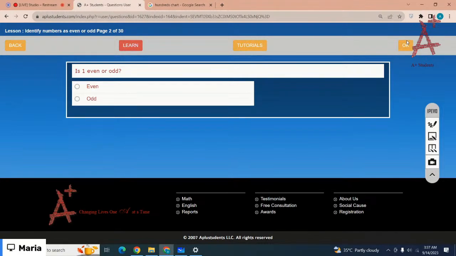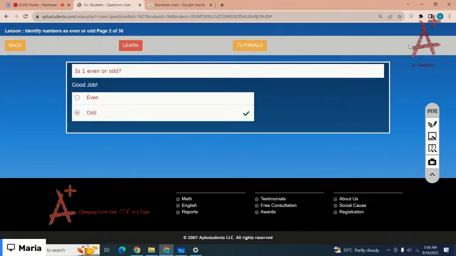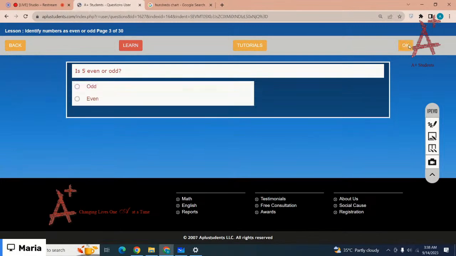Is 1 even or odd? Yes, 1 is an odd number. 1, 3, 5, 7, they are all odd numbers, right?